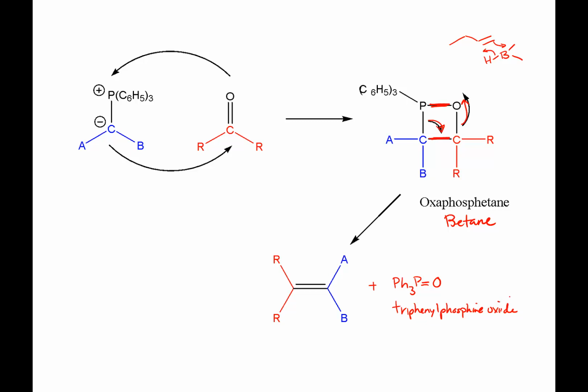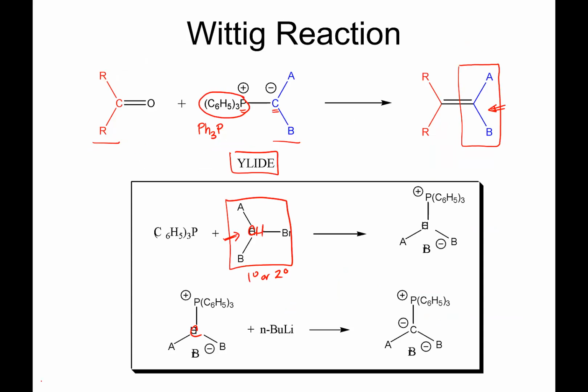So if we step back for a minute, what do I do? I take my alkyl halide, I treat it with triphenylphosphine. I end up forming, this is molecule B, the phosphorus-carbon bond.